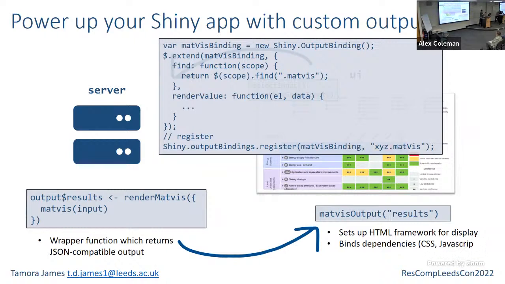In my case, it goes through the data frame and outputs table rows and then puts in the JavaScript to do all the fancy hiding and showing. And finally, you have to register that binding with the application, and magically it all works with your own customized output. So that's all. Thanks for listening.